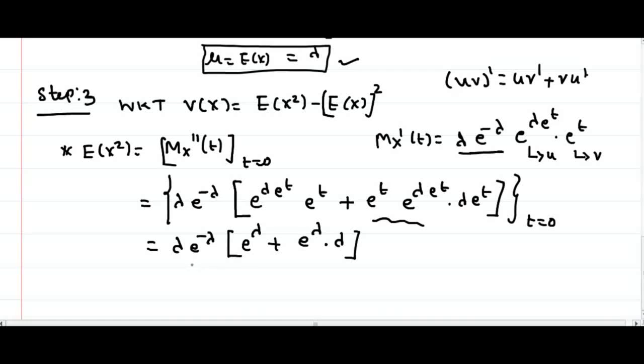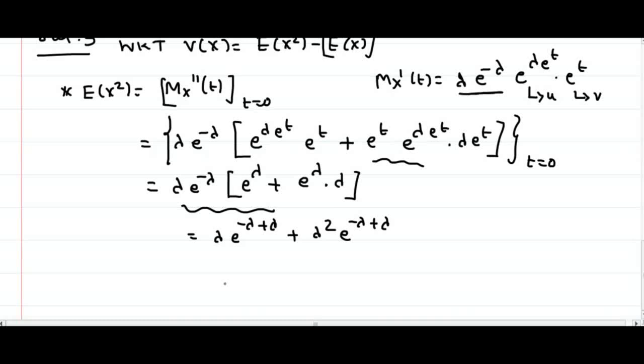If you multiply these terms, lambda e power minus lambda plus lambda, since the base is the same we can add the powers. Coming to the second one, lambda square into e power minus lambda plus lambda. What is e power 0? e power 0 is 1, right? So we get lambda into e power 0 and lambda square into e power 0.